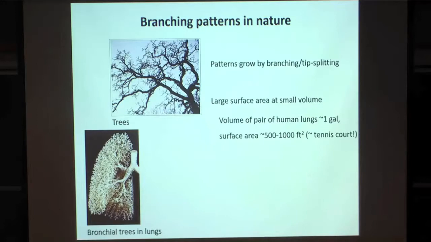If our lungs weren't this branched structure but a flat structure, in order to get enough oxygen we would need a lung that is essentially the size of a tennis court. So this is a design that is extremely powerful for many natural systems.